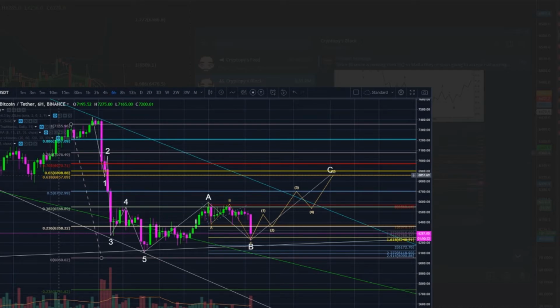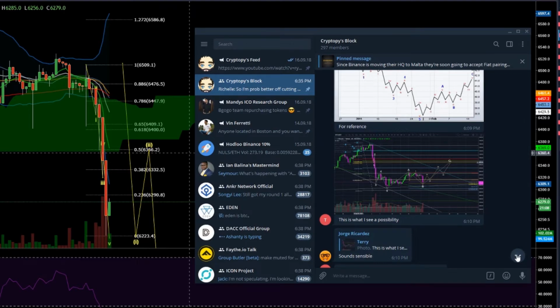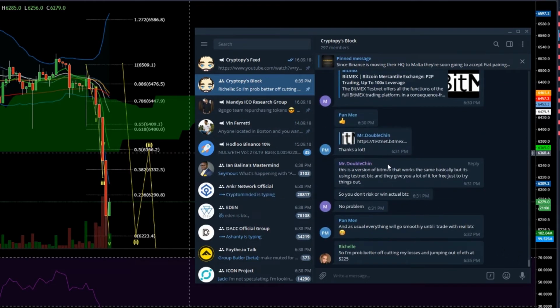I don't want to play that right now, because it's going against the trend. You don't always need a 618, guys. This was a 382, which is fine as well. So, yeah, just keep that in mind. Anyways, guys, good charts. I like it. Keep it up.